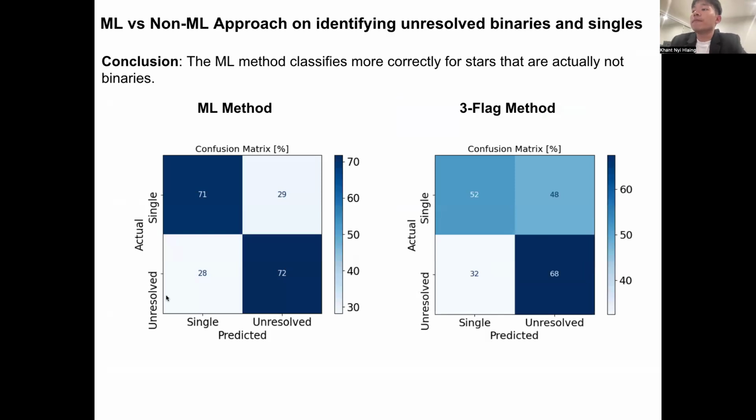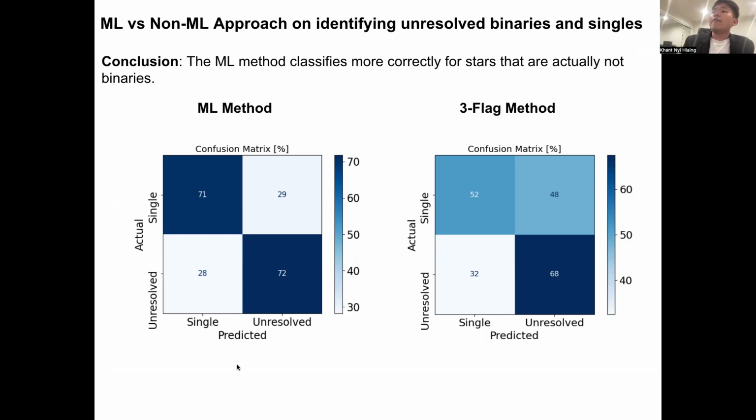So I applied the three binary flag method on the WDS and compared the resulting matrices, and this is what we have. I'd like to particularly talk about the false positive: the top right square, where you will see the jump from 29 to 48.